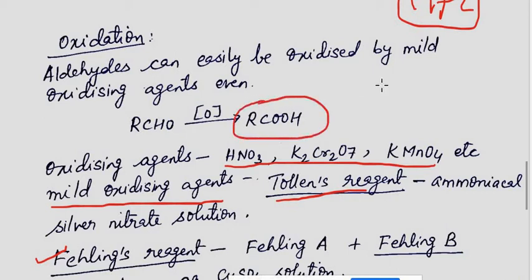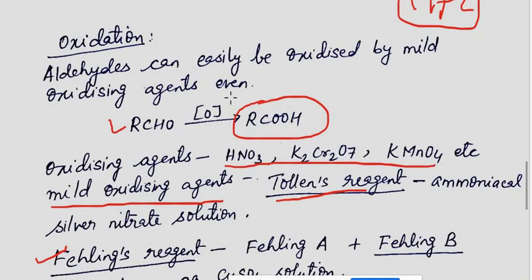See, carboxylic acid. Another thing that you have to keep in mind is that if the oxidation is carried out in acidic medium like nitric acid, then aldehyde is converted to carboxylic acid. I repeat, if oxidation is carried out in acidic medium, aldehyde is converted to carboxylic acid.